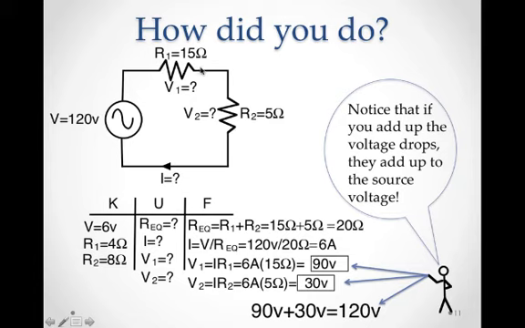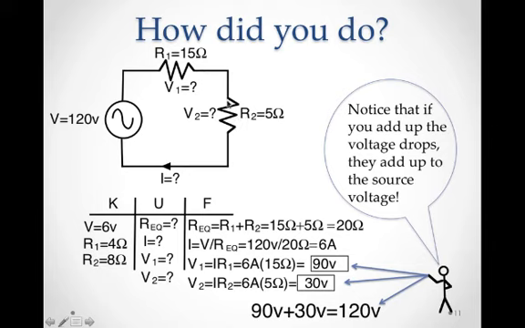Well, we have 6 amperes flowing through this 15 ohms, so we can find this voltage. V1 is equal to I times R1, so 6 amperes times 15 ohms is 90 volts. So we started with 120 volts, we've used up 90, so that leaves us with 30.